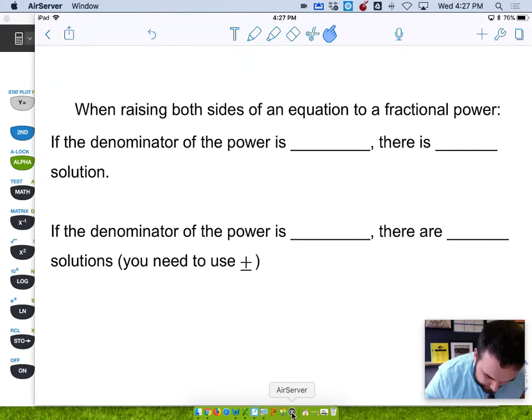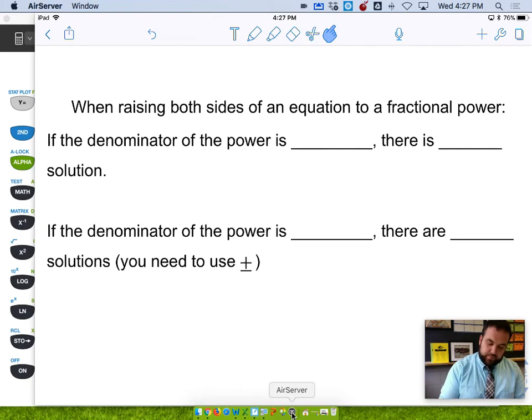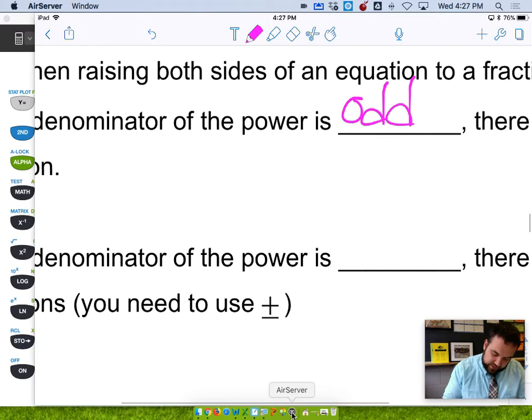So if you are raising both sides of an equation to a fractional power, specifically, if the denominator is odd, then there is only going to be one solution, okay? Let's give an example real quick.